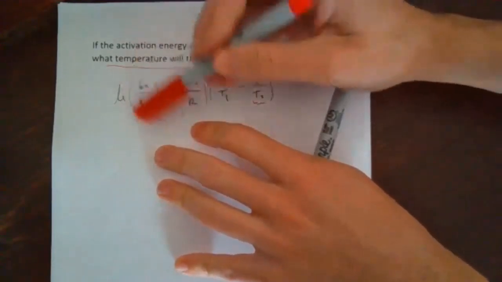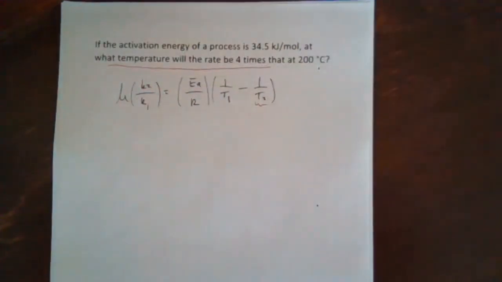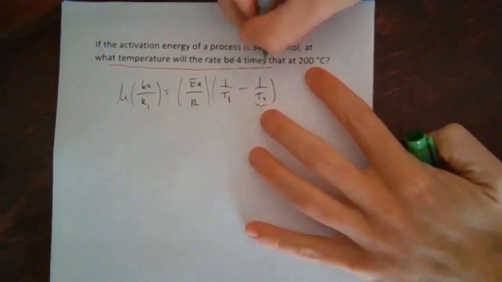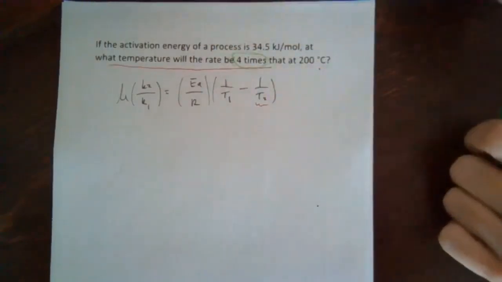And so these rate constants right there are the information we're not given. In general, it's pretty common to not be given them or to even care what they are, because rate constants are difficult to come from experiments. And you don't necessarily know what they would all be, but we can use this fact that it's 4 times faster.